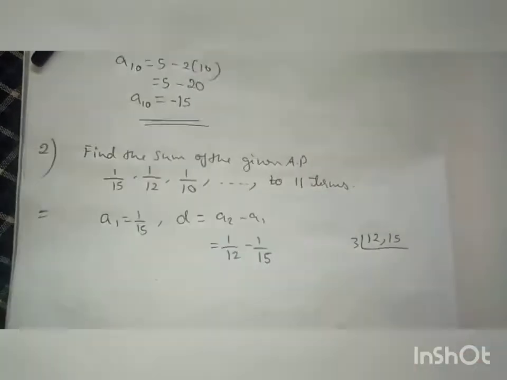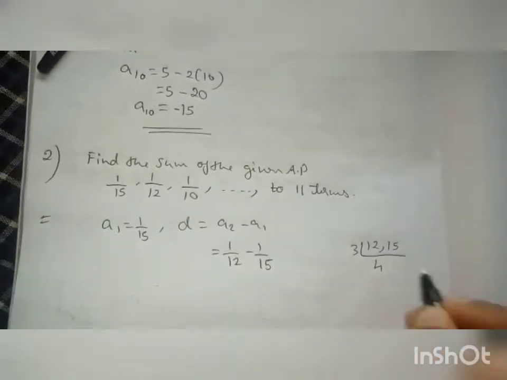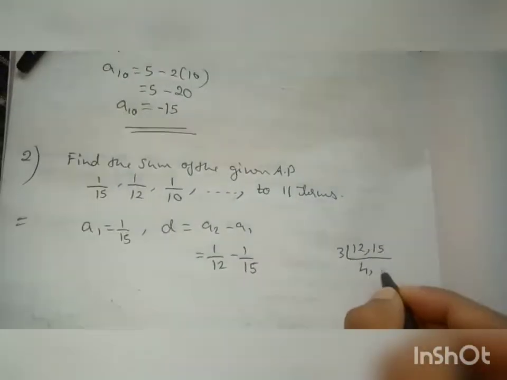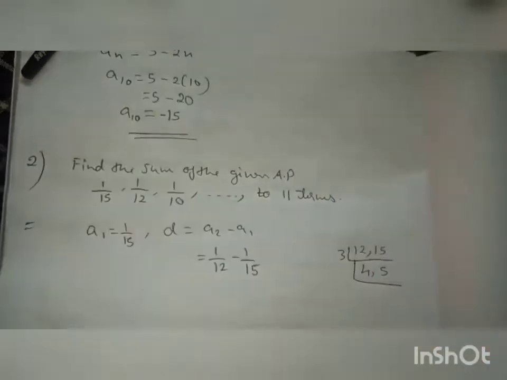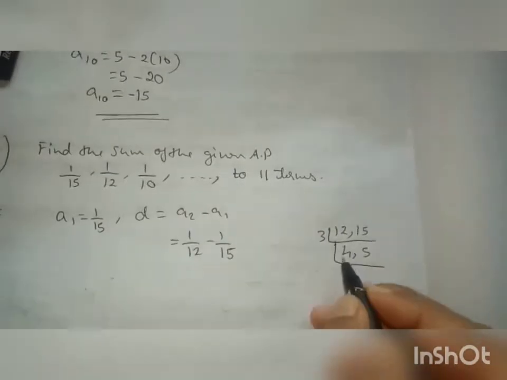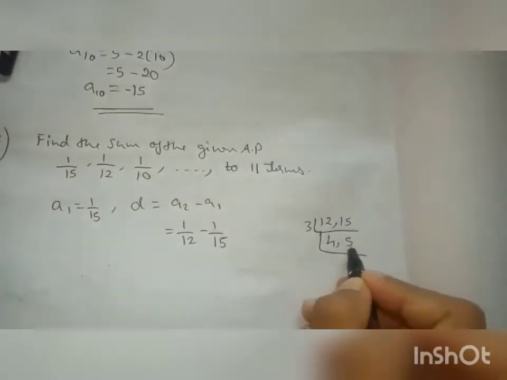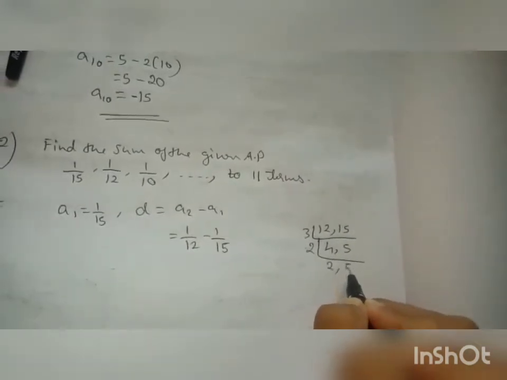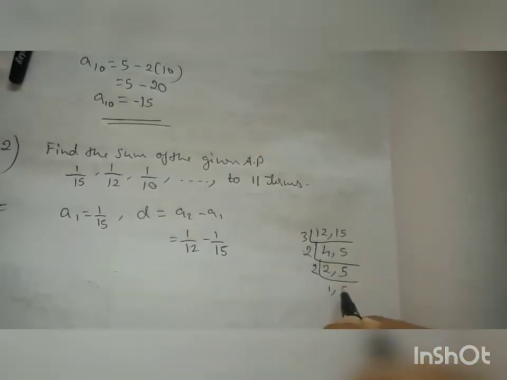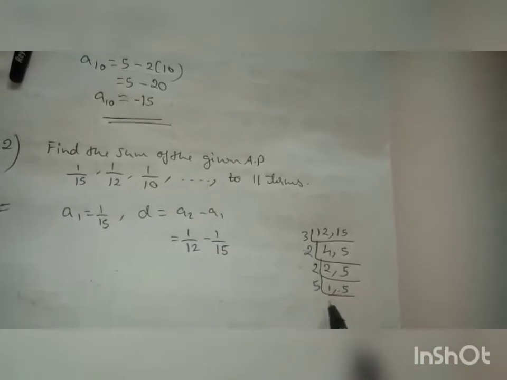So 3 4s are 12, 3 5s are 15. Next, 4 doesn't go with the 3, so 2 2s are 4 and 5 as it is. 2 1s are 2. Next 5 as it is. Then 5 1s are 5.